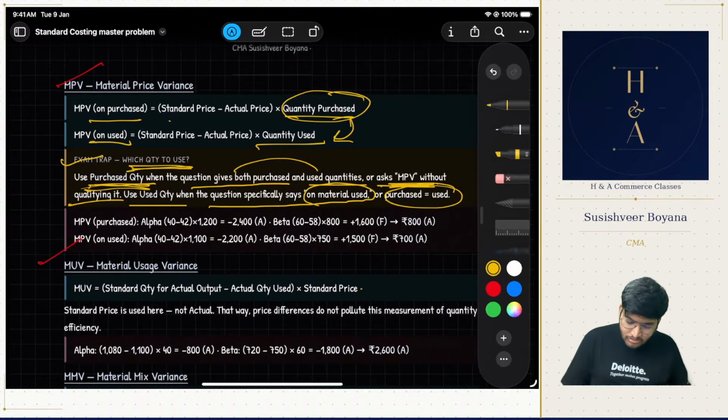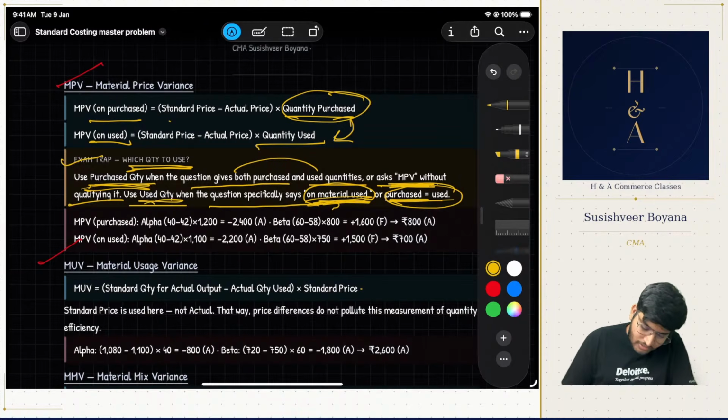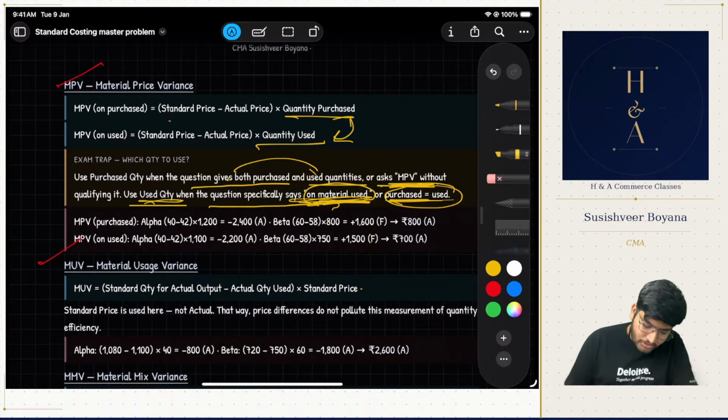Ideally in this scenario, using purchased or used is still the same. But unless the question specifically mentions using material variance, used material should only be used when it asks for it. When both of them are given, don't ever get confused and go for used. Only go for purchase.